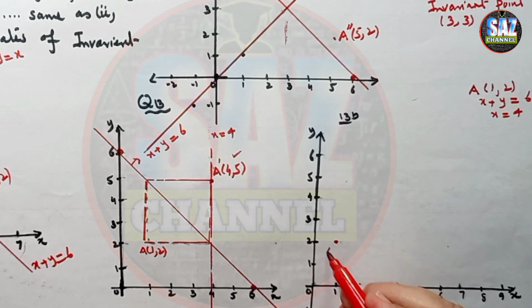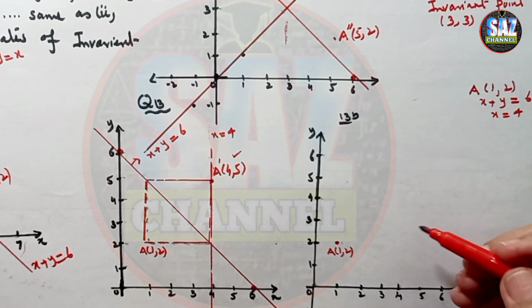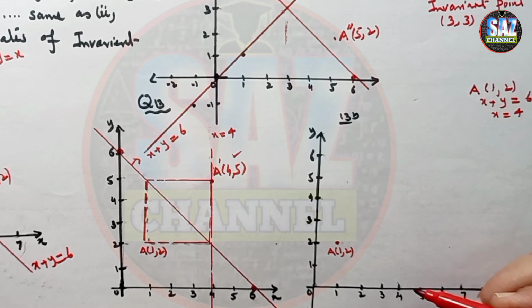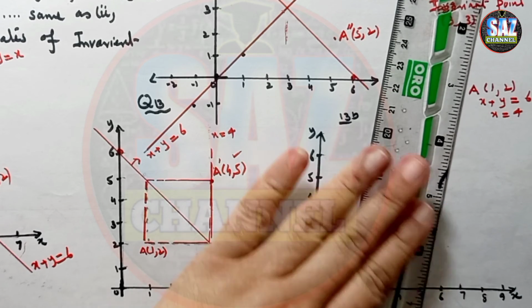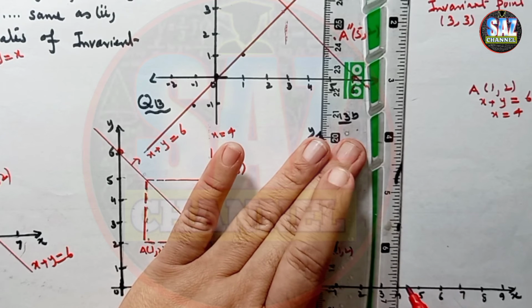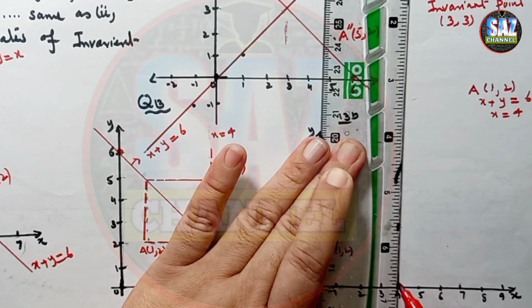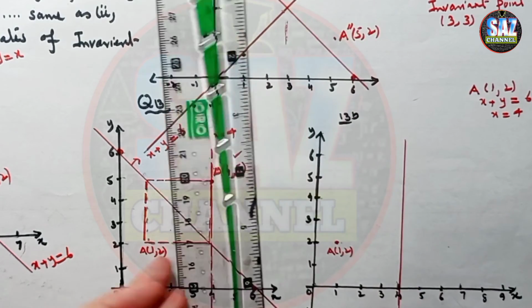This is A. 1, 2 is reflected first in the line x equals 4. So this is the mirror x equals 4. I have to draw the mirror at this place.